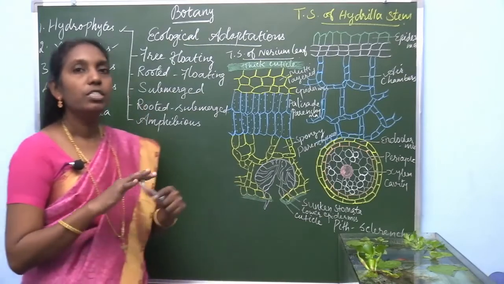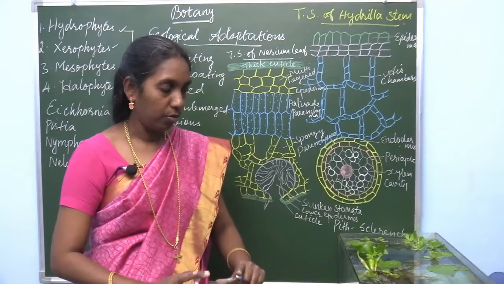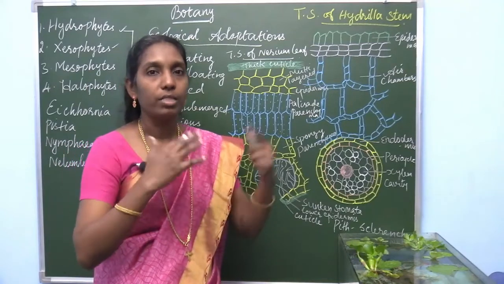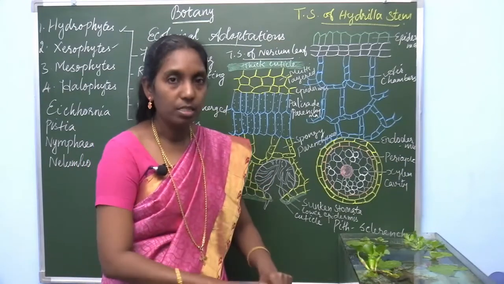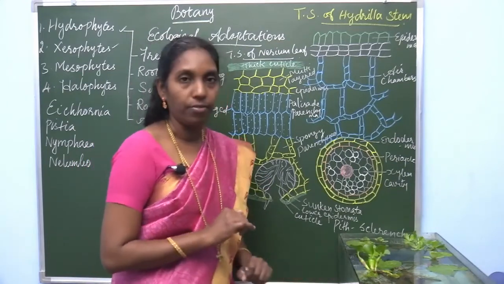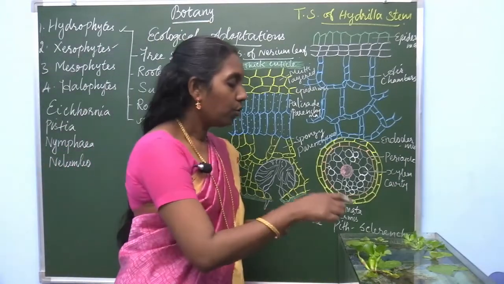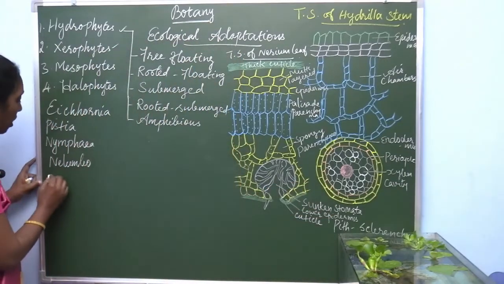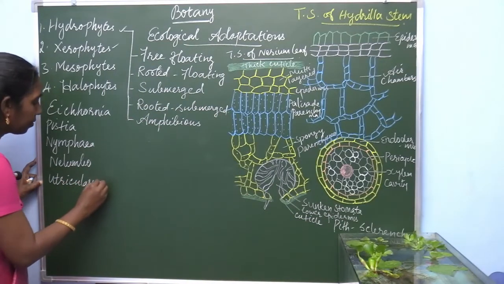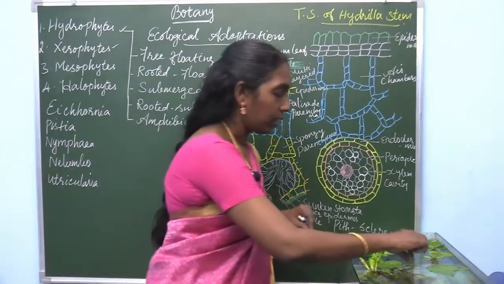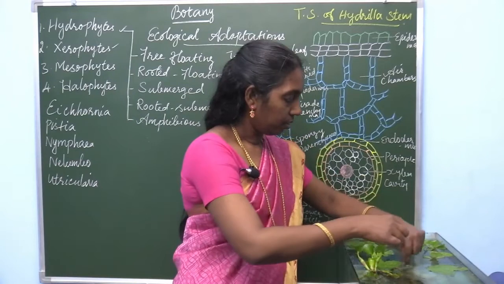Then submerged hydrophytes. A submerged hydrophyte is completely immersed in water. There is no contact with the air. Example, Utricularia.